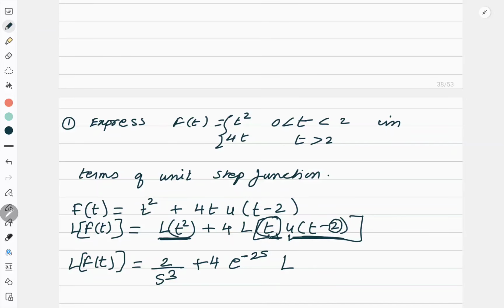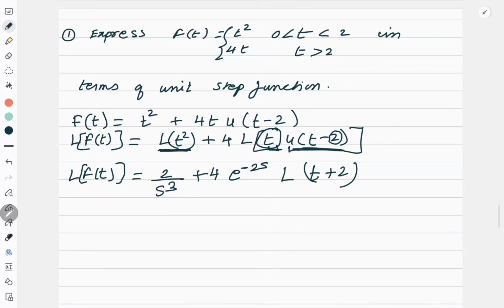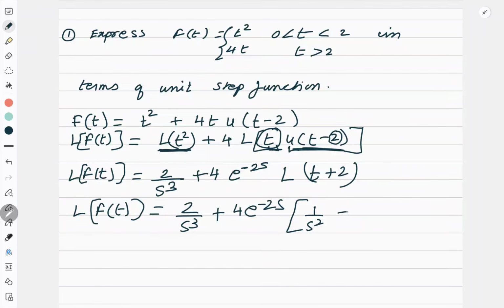But in place of t, what do you have to write? You have to write t plus a, so t plus 2. So next step, Laplace of f t is equal to 2 upon s cube plus 4 e to the power minus 2s. Then Laplace of t is 1 by s square and Laplace of 2 is 2 by s. So this will become my answer.